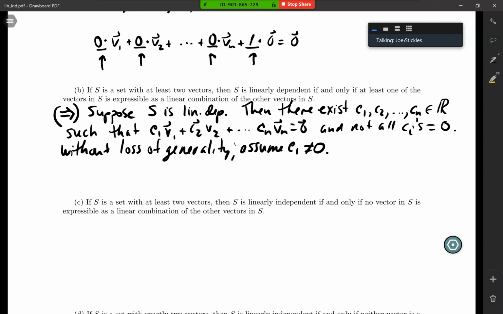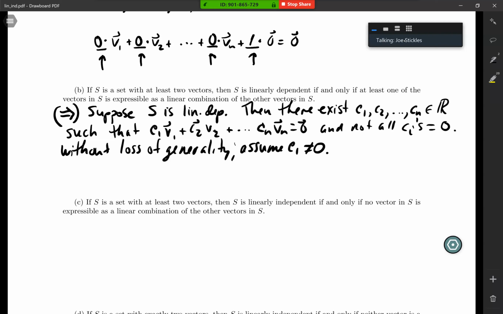So what I mean by this is that notice that when I wrote V1, V2 out to Vn, I picked some arbitrary order of the V's. I didn't really care what the order was. We know when you write things as set notation, you don't really care what the order is. Now I do know, by supposition here, that not all of these are 0. So if I choose at least one of them that's not 0 and just make it the first one, I haven't changed anything.